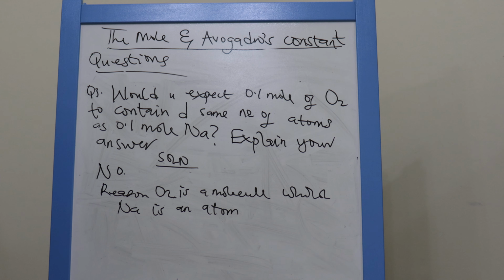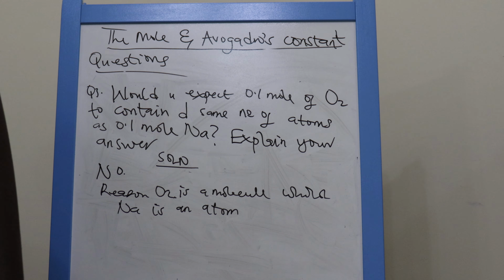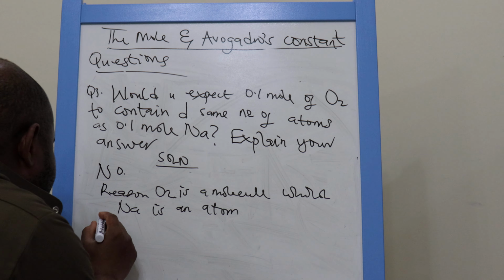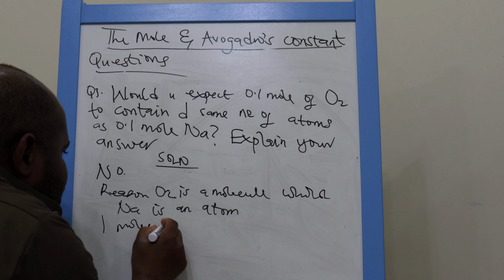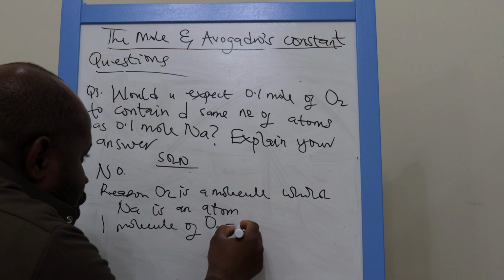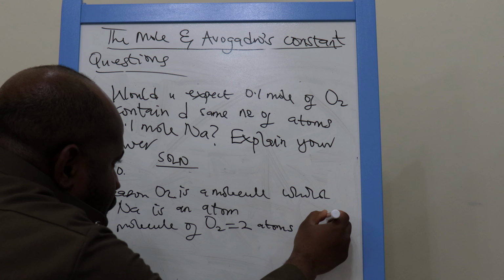So if this is a molecule and this is an atom, certainly it wouldn't contain the same number of atoms, because one molecule of oxygen is equal to 2 atoms of oxygen. You see?